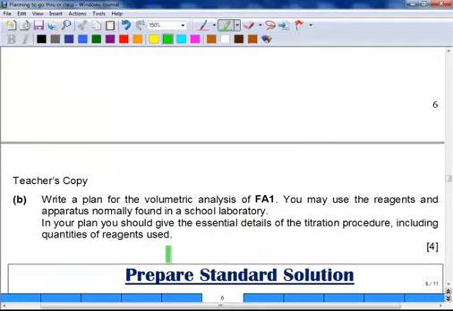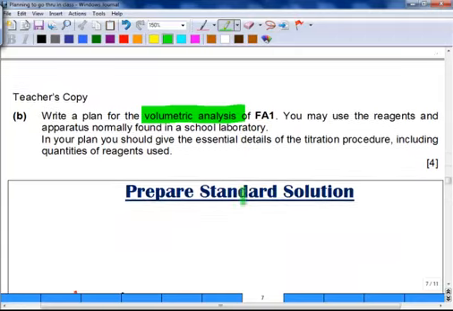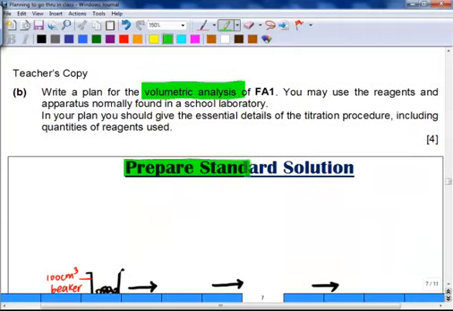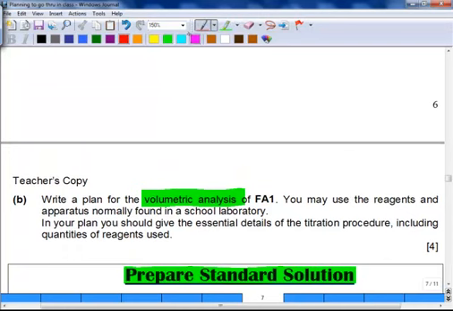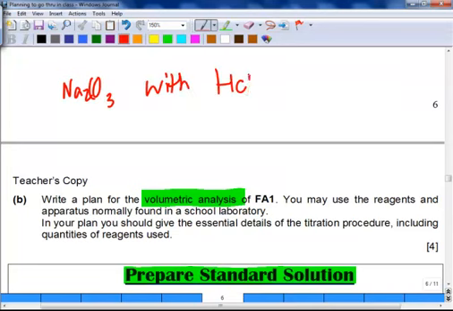This part, I know some of you have some answers already, but when you write volumetric analysis, please be systematic. We start off with preparing the standard solution. Remember, class, in this case we are titrating Na2CO3 with HCl.